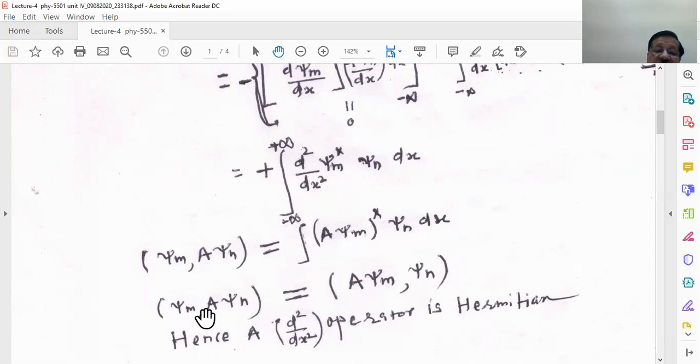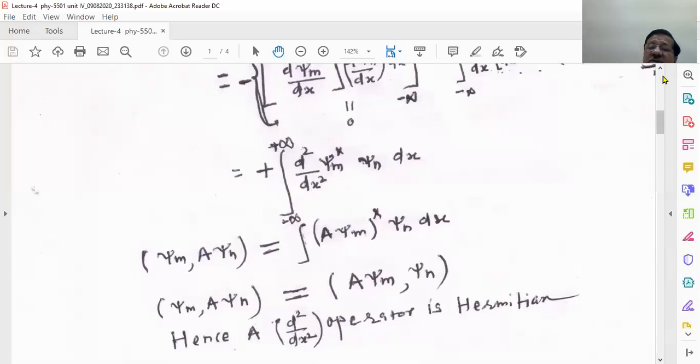That means here A is associated with the second factor, and here A is associated with the first factor of the scalar product. So this is the condition for a Hermitian operator. Since the condition is satisfied, our operator A, which is d square by dx square, is a Hermitian operator. You can prove that with the help of this.